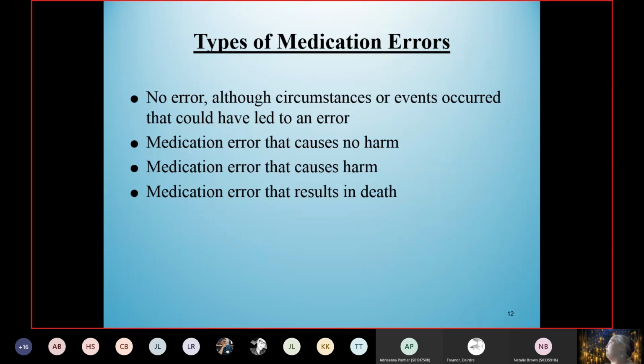So types of errors. You could have no error, or the circumstances or events could have led to an error. So those are near misses. A medication error that doesn't cause harm, one that causes some harm, and then one that can result in death.